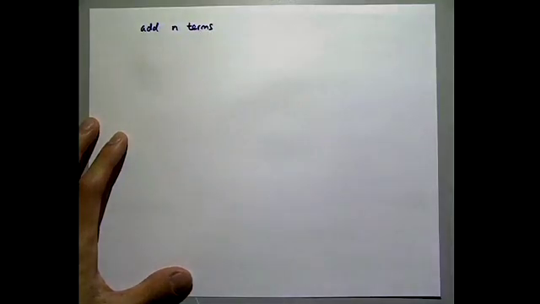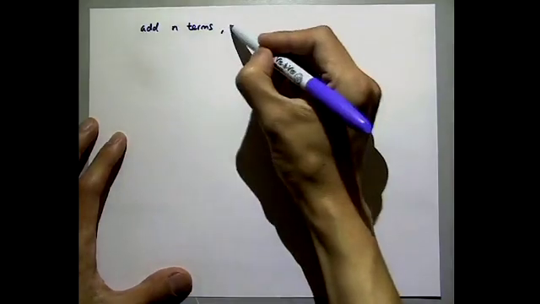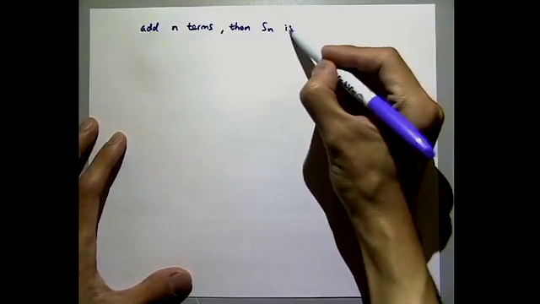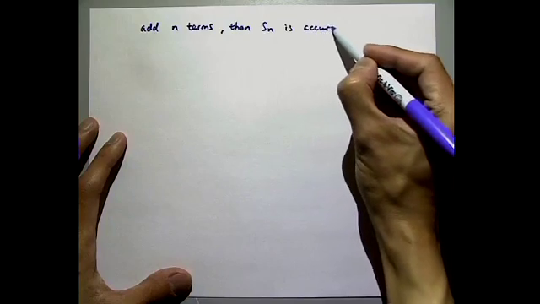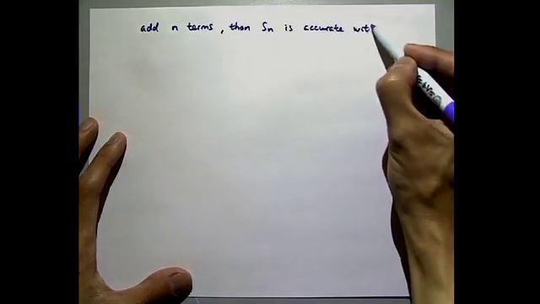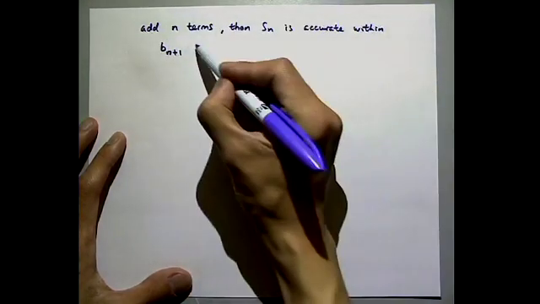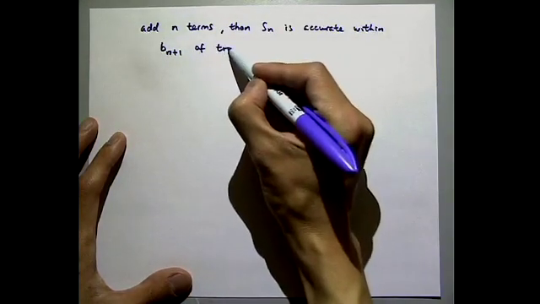So if I add n terms, then S_n is accurate within b_(n+1) of the true sum.